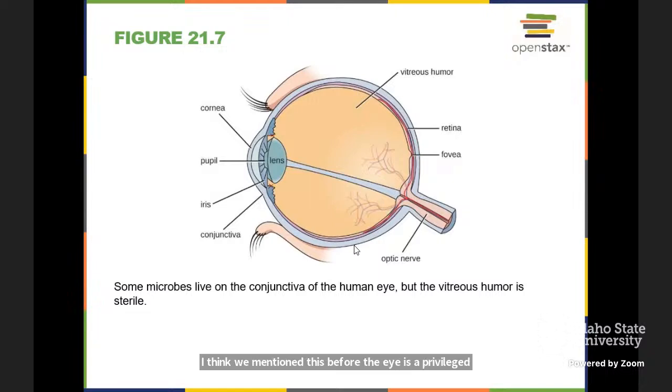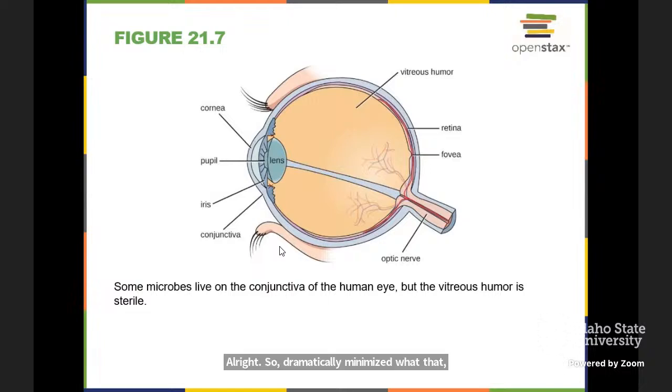Although we can see circulatory, the vessels moving in here, supplying nutrients, we don't think about a massive influx of immune cells, macrophages, and others coming in. This would cause some serious issues with our vision. All right. So dramatically minimized with that.